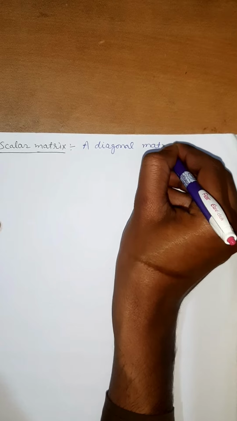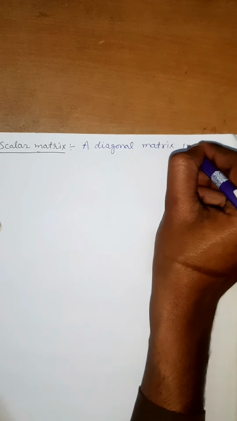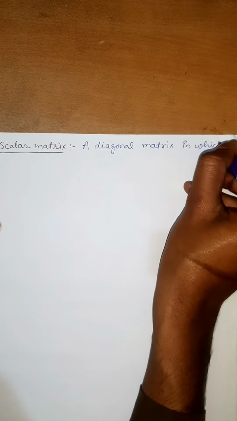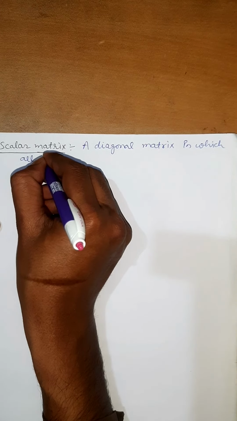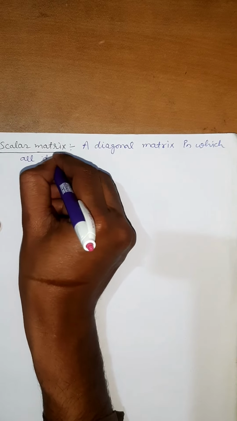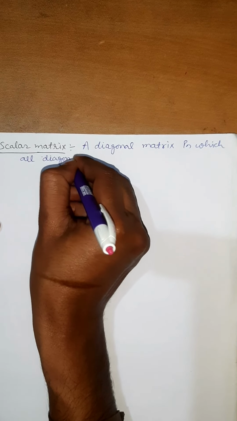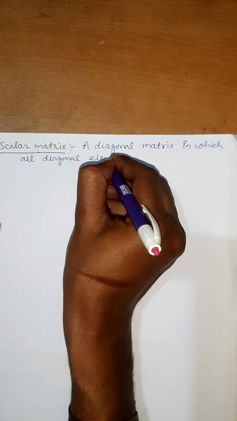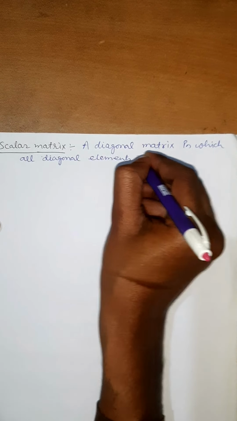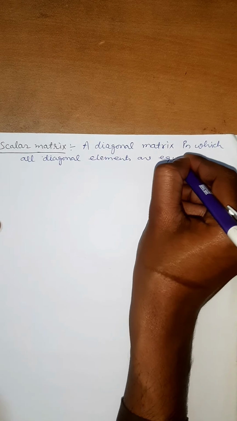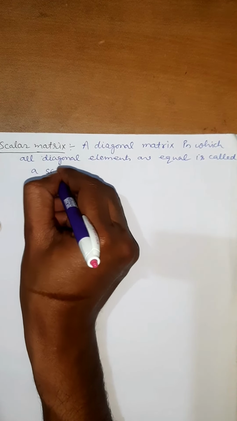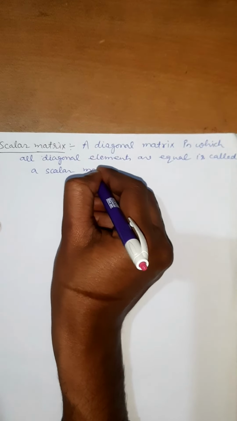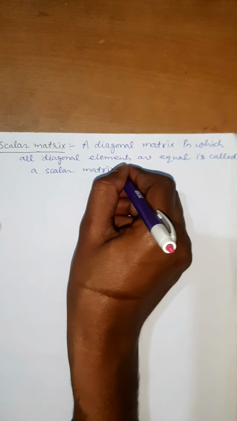A diagonal matrix in which all diagonal elements are equal is called a scalar matrix.